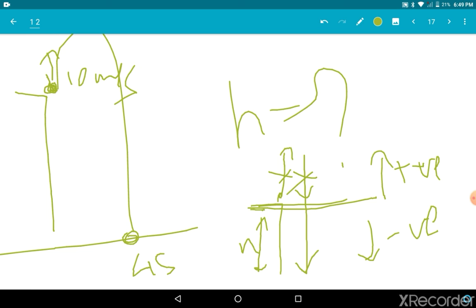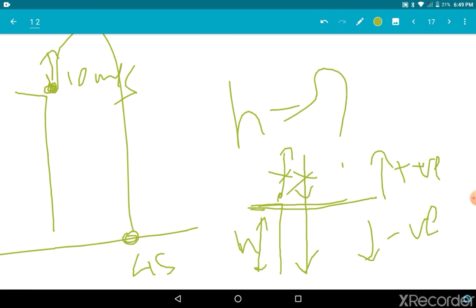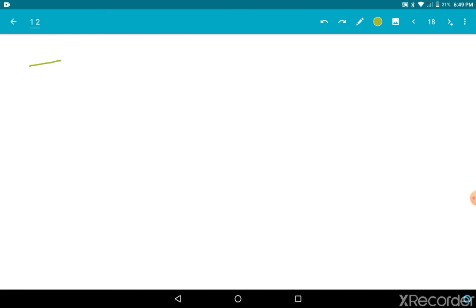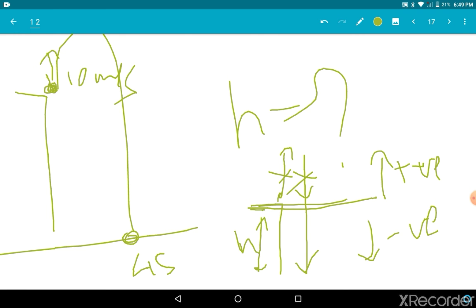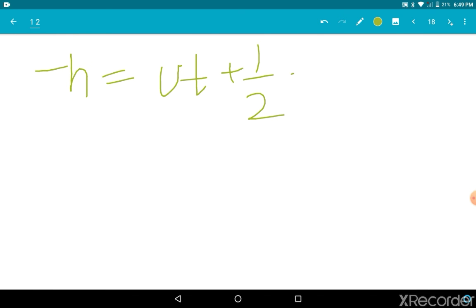Here h should be negative because it's downwards. So we'll put minus h is equal to u t plus half, and g is always downwards, so it should be in the negative direction, minus g t squared.